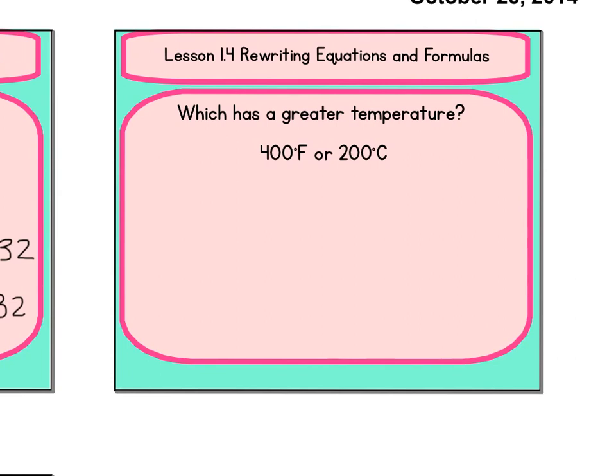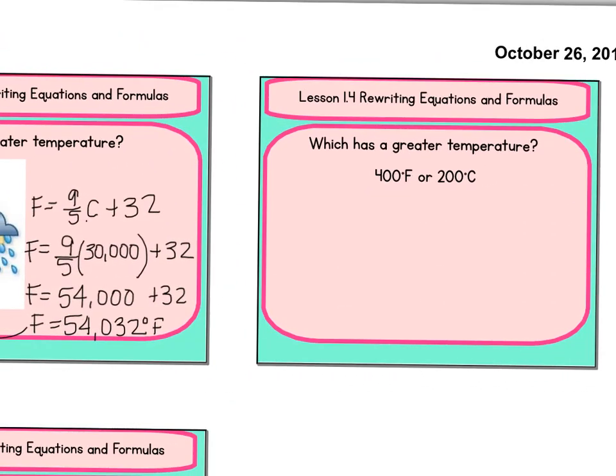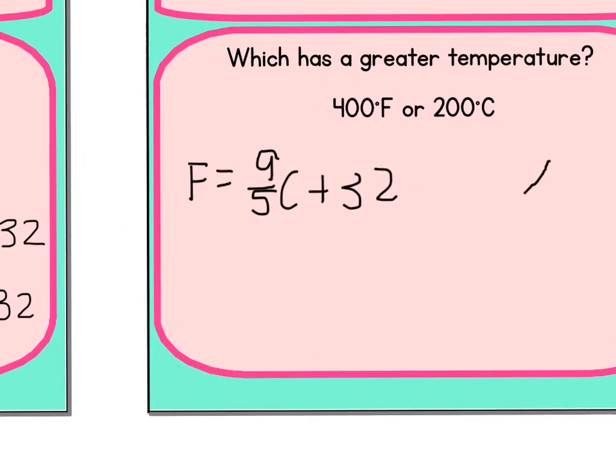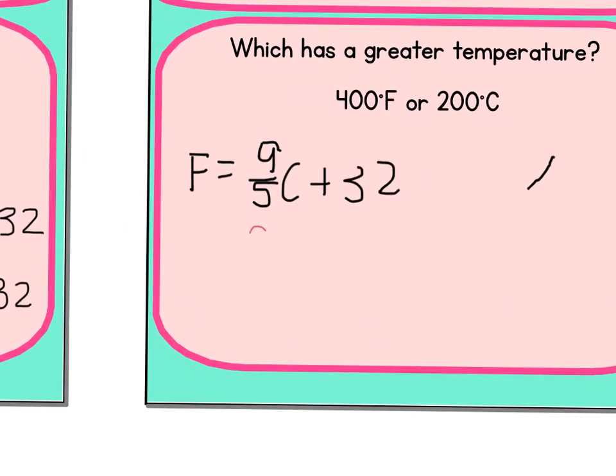Now it says which has a greater temperature, 400 degrees Fahrenheit or 200 degrees Celsius. I like using the F equals 9/5 C plus 32 equation. For me, that's just easier. So I'm going to plug in the one where we have our C. So we have 9/5 times C, which is 200, plus 32, and that will give us what our F equals.